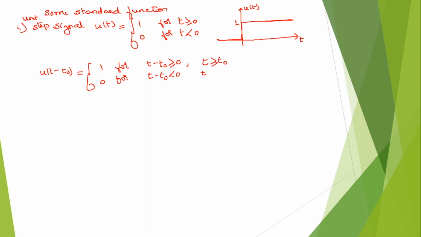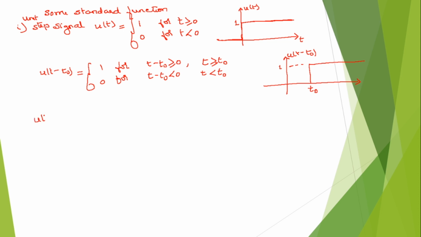That means somewhere at t naught, this is u of t minus t naught. This is called a shifted signal. The signal is shifted to the right.